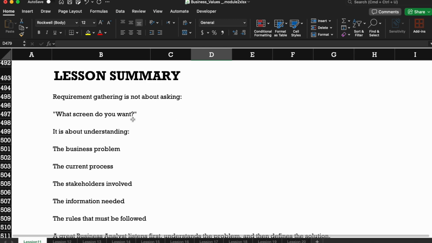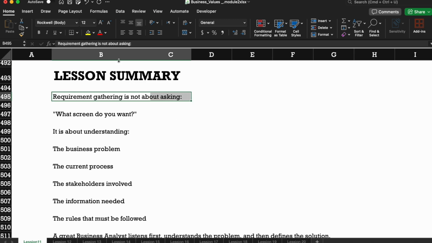Okay, lesson summary: requirement gathering is not about asking what screen you want. Don't think requirement gathering is like order taking.